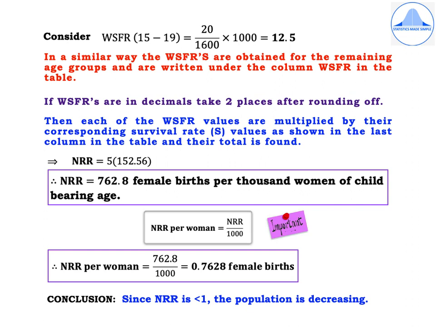And to calculate NRR per woman, use the formula NRR divided by 1000, and we get 762.8 divided by 1000, which is equal to 0.7628 female births. The conclusion will be, since NRR is less than 1, the population is decreasing.